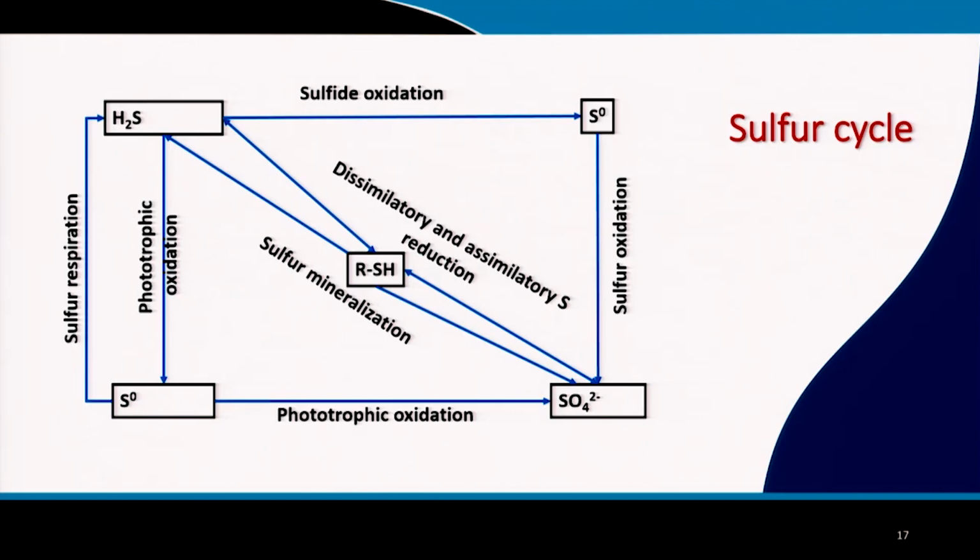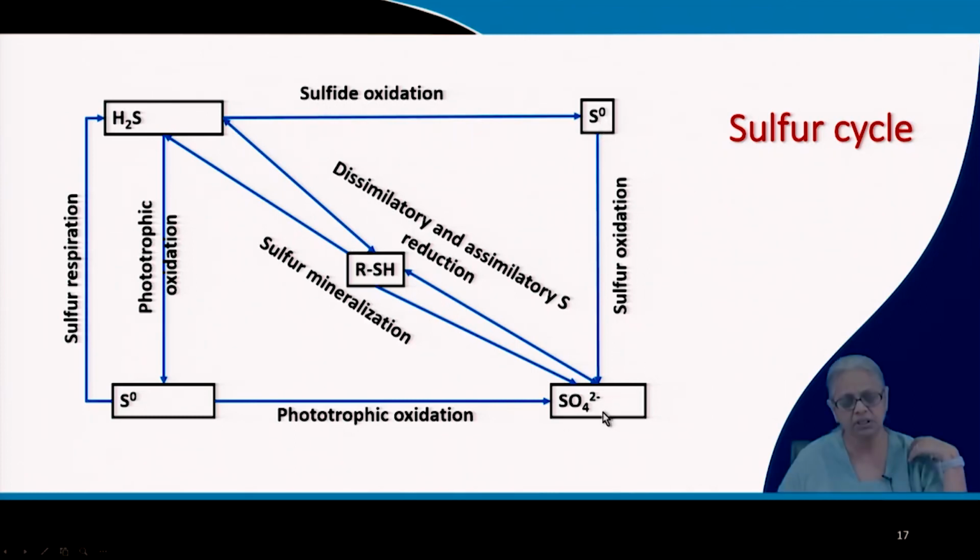Now this is a very simple schematic that shows you how sulfur changes its oxidation state through various processes. Let's start with hydrogen sulfide. It gets converted to elemental sulfur by sulfide oxidation and then to sulfate by sulfur oxidation.